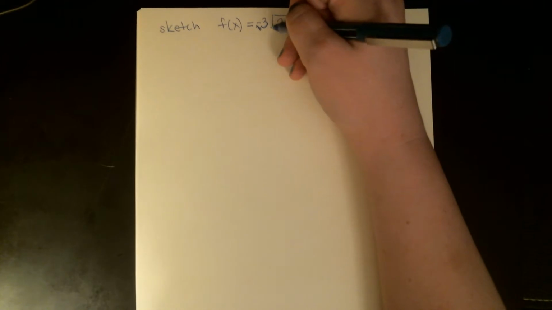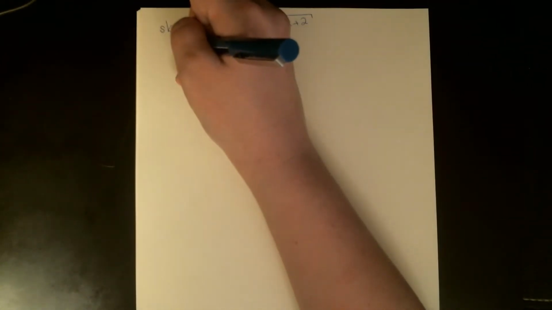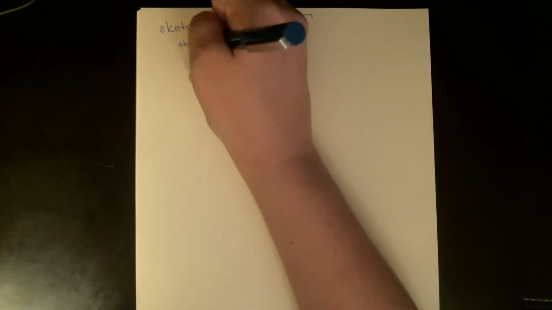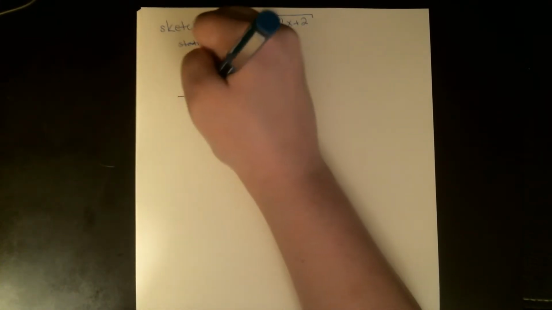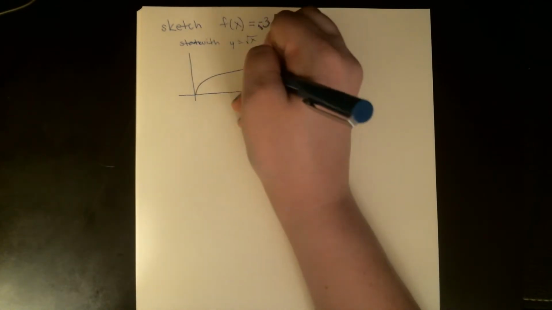So the one thing I see that doesn't appear to be a transformation is this square root, which means I would like to start with y equals the square root of x. So the basic square root function is what I'm going to transform. Looks something like this.